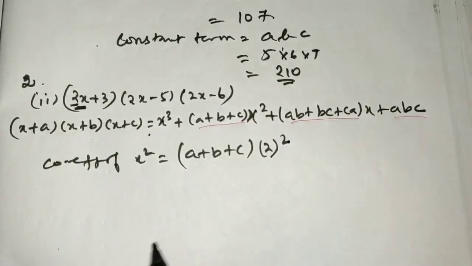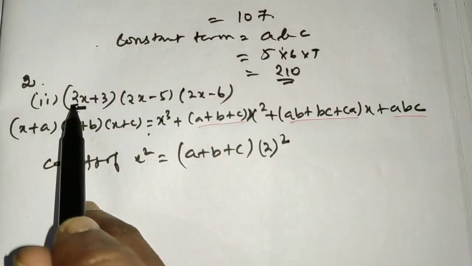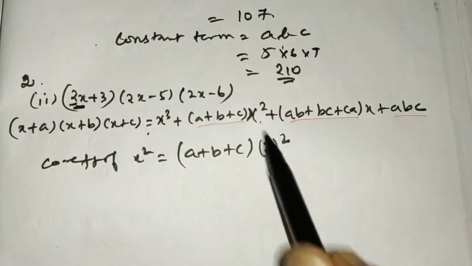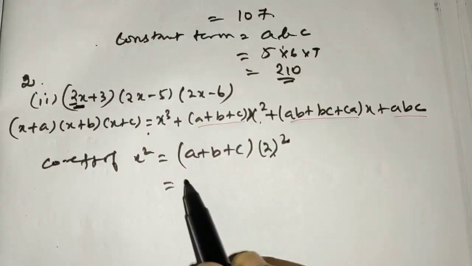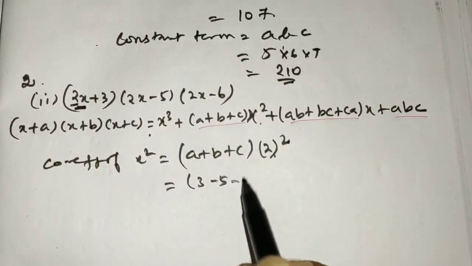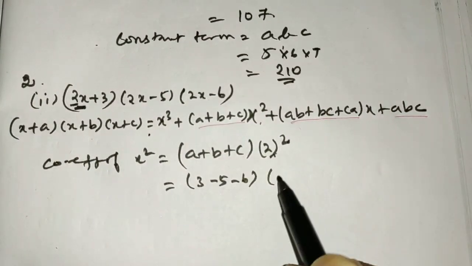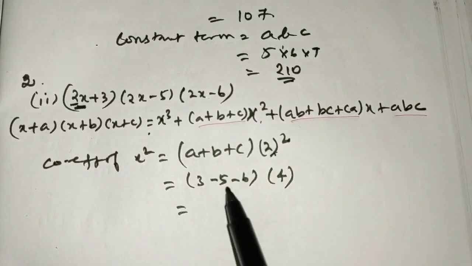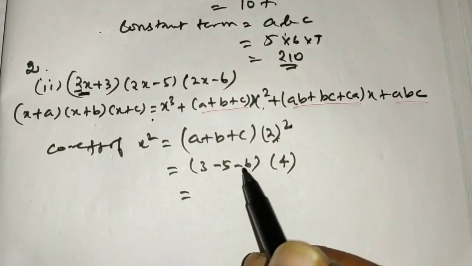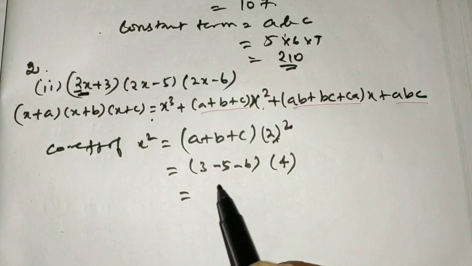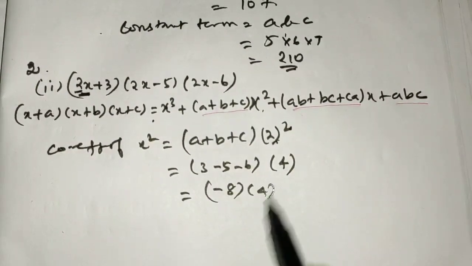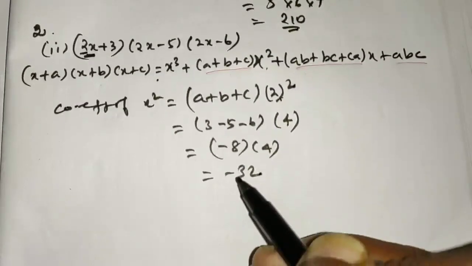That is 2 square, because instead of x we have 2x. So 3 minus 5 minus 6 into 2 square gives 4. Minus 5 minus 6 gives minus 11, minus 11 plus 3 gives minus 8 into 4, which is minus 32.